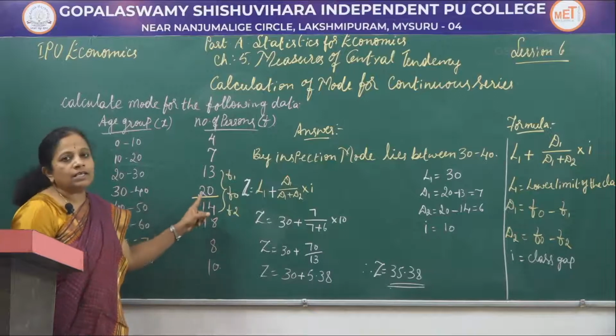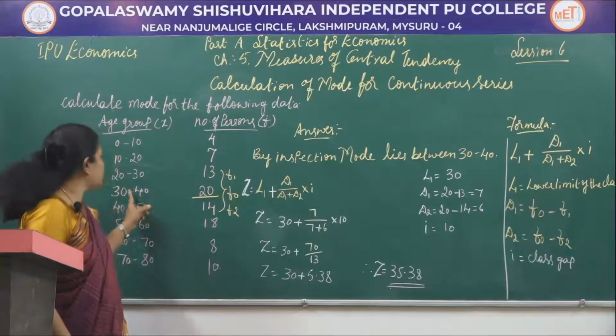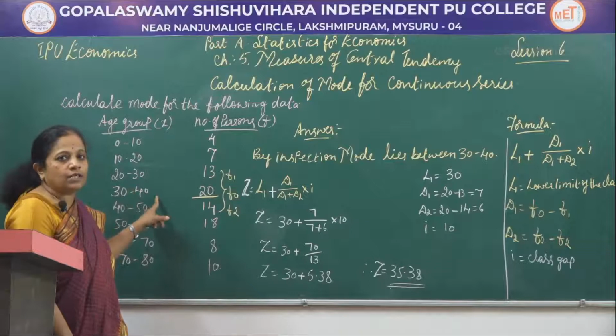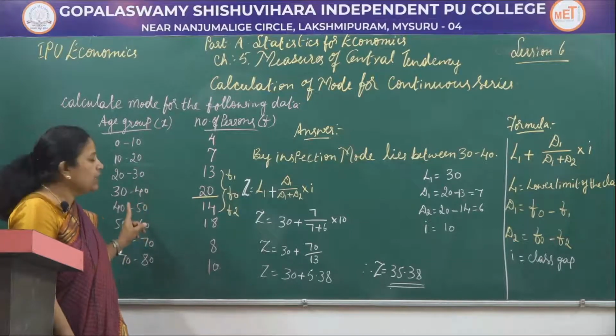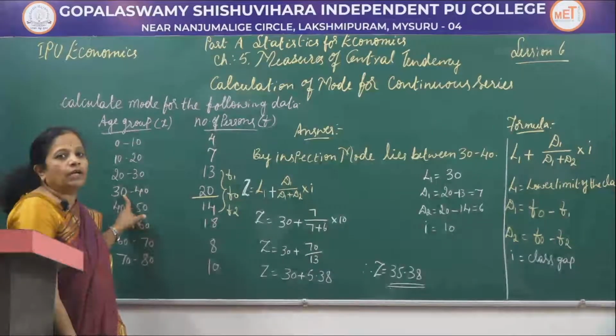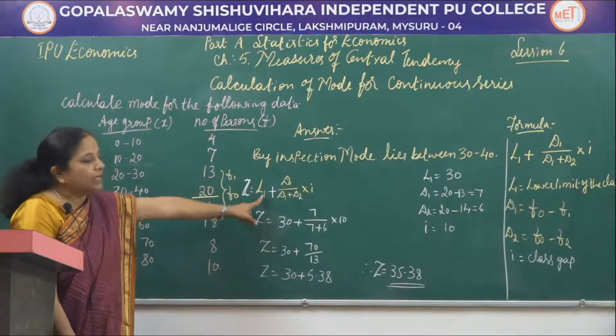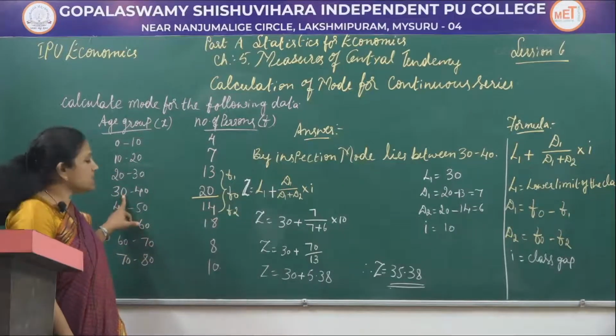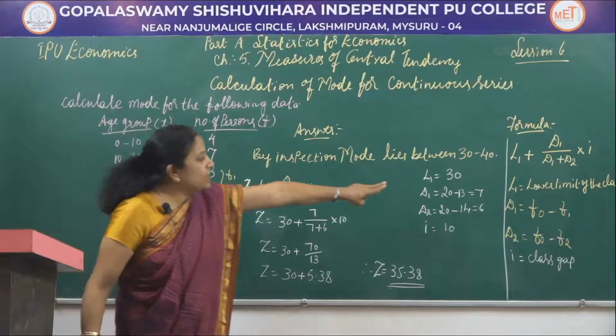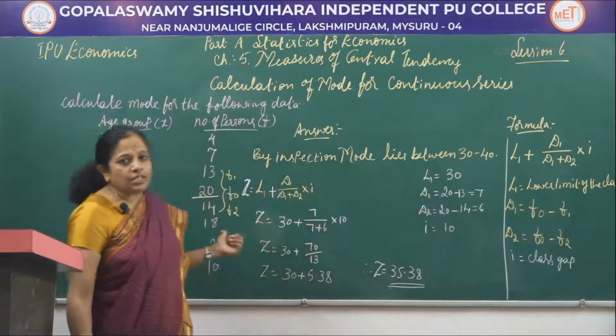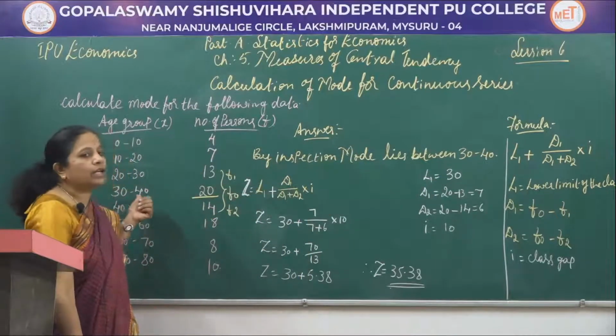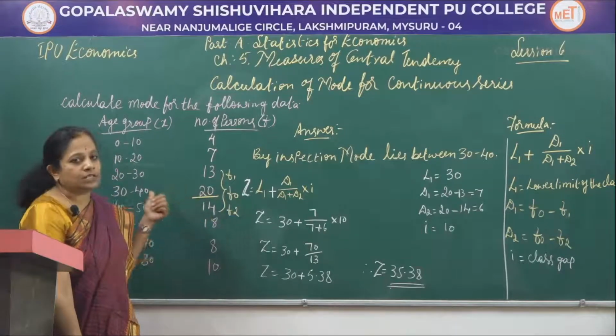Since it is 30 to 40, we take the lower class limit. L1 equals lower class limit. So, L1 is 30 in this problem. That is the lower limit of the corresponding class.